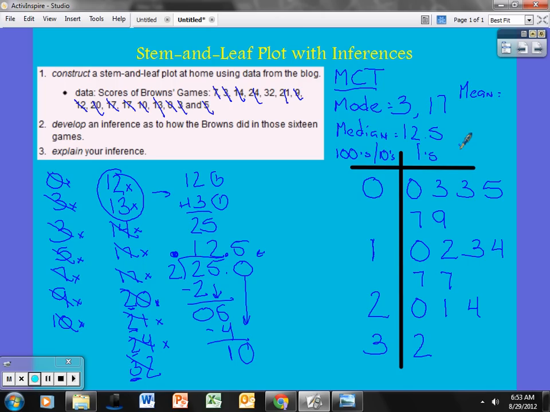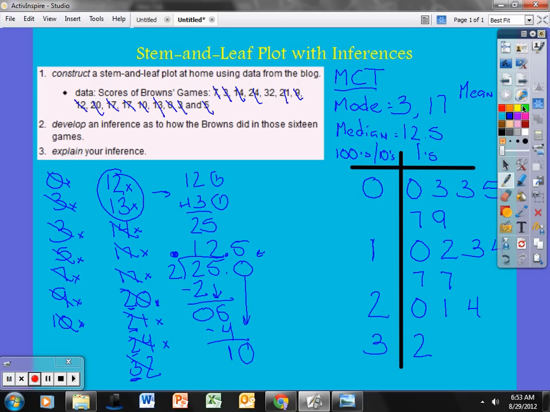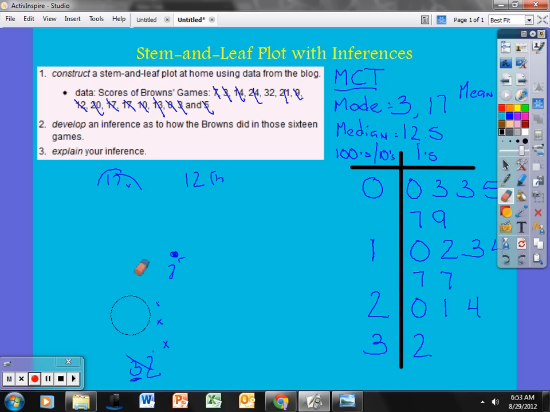Plus 17. Plus 17. Plus 20. Plus 21, plus 24, plus 32. That gives me a sum of 207. I'm going to erase some of this stuff over here, boys and girls.